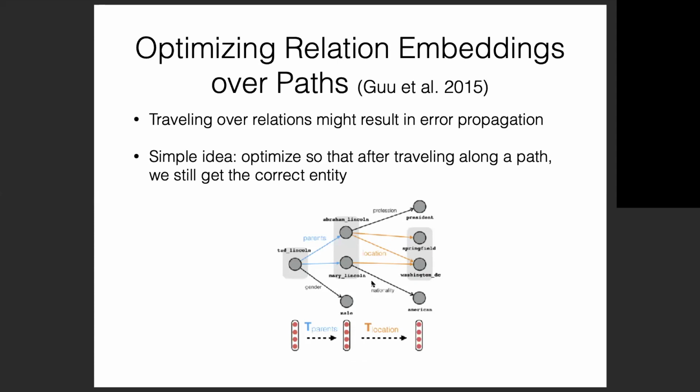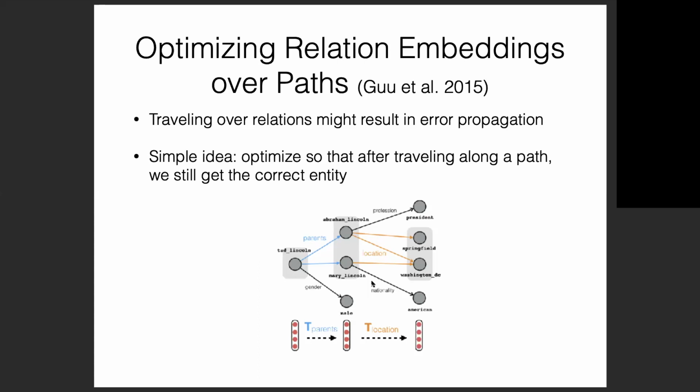And interestingly, this method of learning relation embeddings actually does better than just the one-hop method for optimizing relation embeddings like TransE. And it does better even on one-hop relations. The basic idea is that by giving it a bit more information from all the different paths that you could be traveling on, as opposed to just the one-hop relation, it provides basically a stronger learning signal.